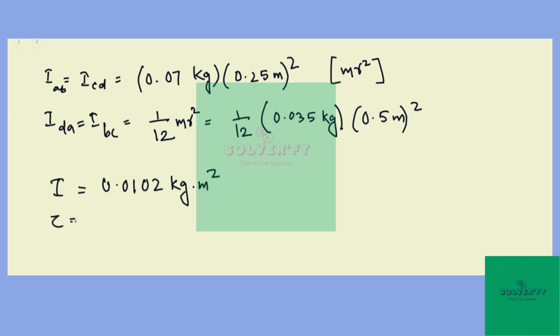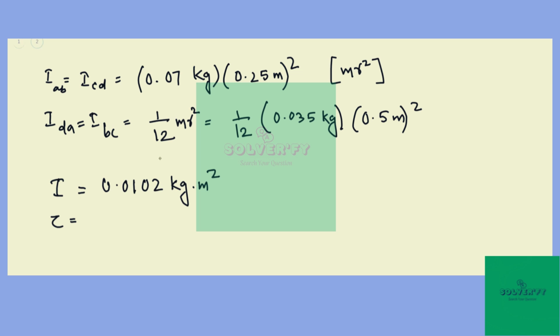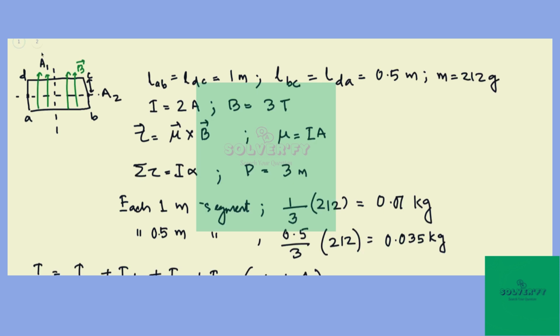Now we can find the torque. Let's use the equation directly from here: torque is I A B times sine phi, because there is a cross product.